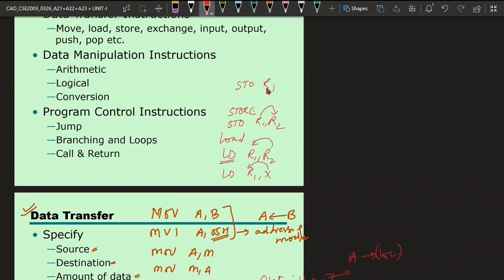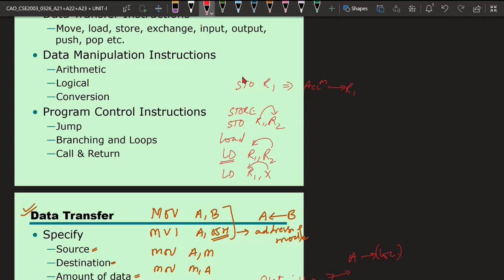Here by default the second address is the accumulator. So its meaning is that the data will be loaded from the accumulator to the R1 location. It is storing to a particular location. Load means loading to the system, like from R2 it is loading to R1, but storing means from this one to a particular location there. So this is load and store basically.